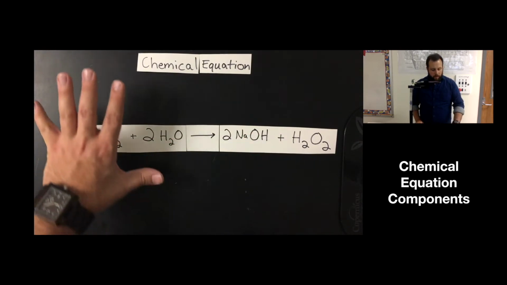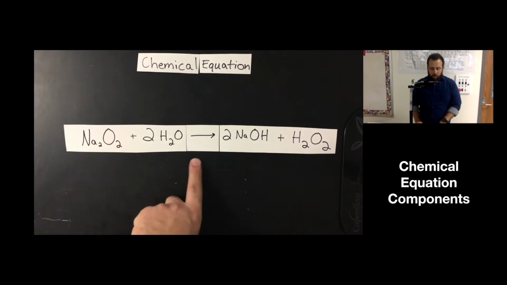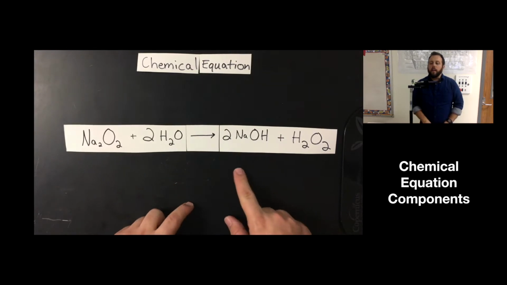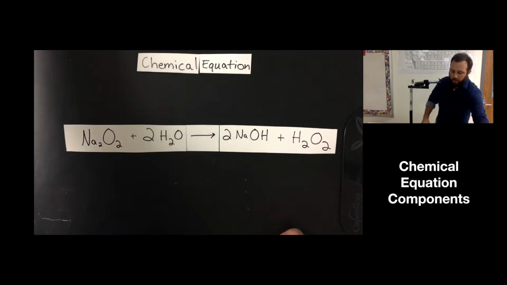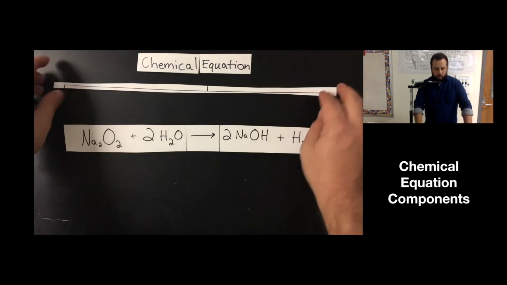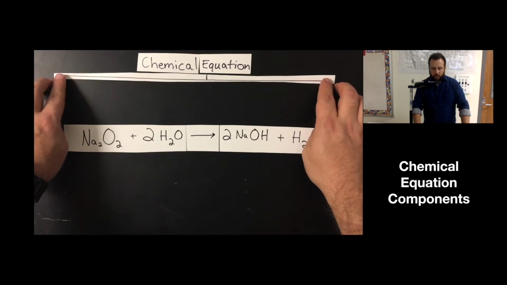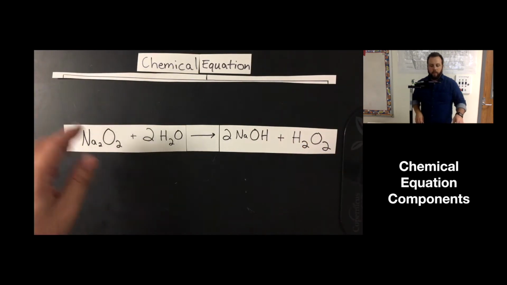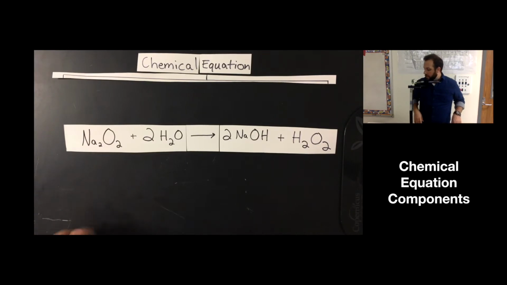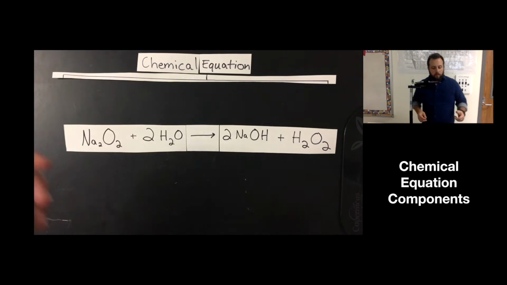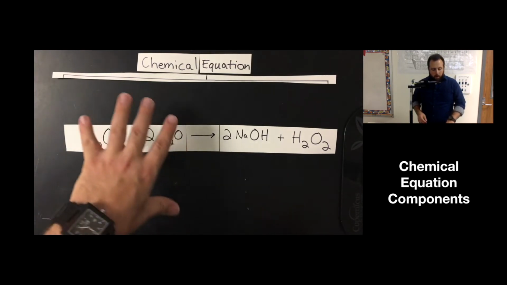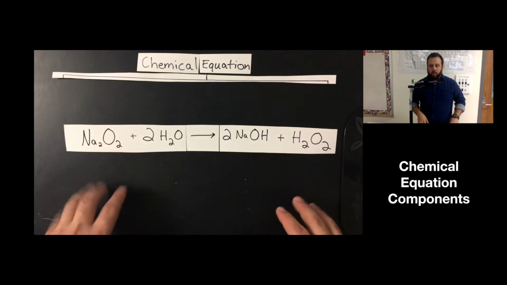We've got information on the left side, an arrow in the middle, and then some more information. Each one of these parts has a different name, but all of this together is called a chemical equation. A chemical equation is this whole string of symbols and numbers that gives us information about chemical reactions. We'll start talking about each of the separate parts.